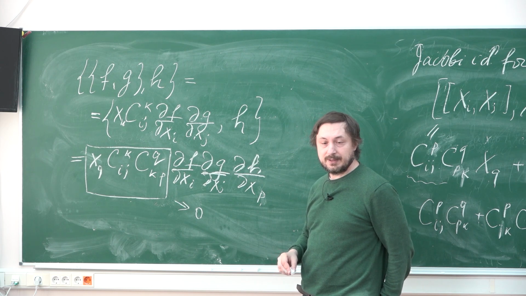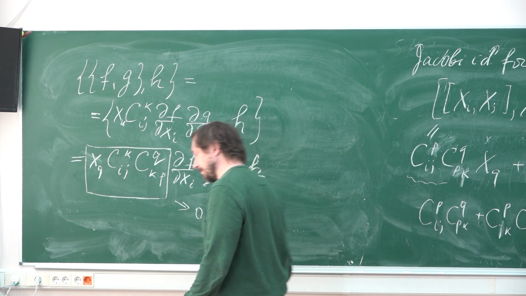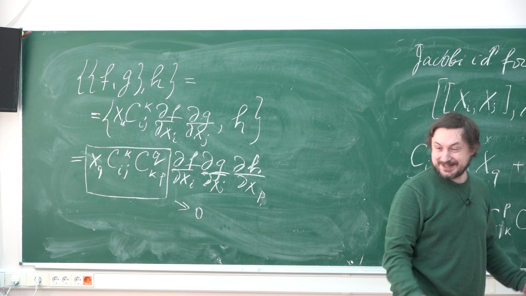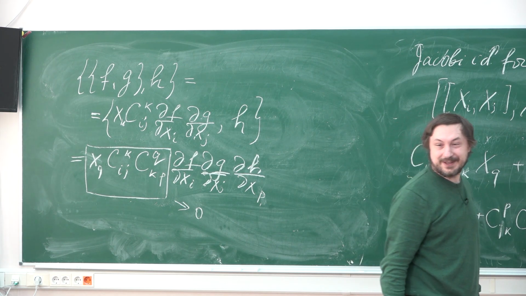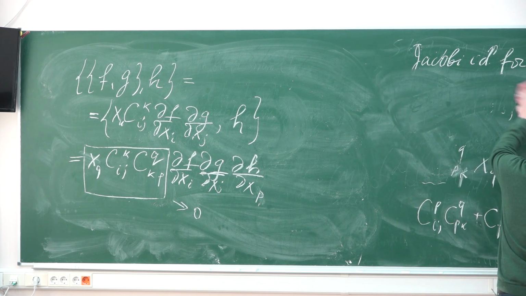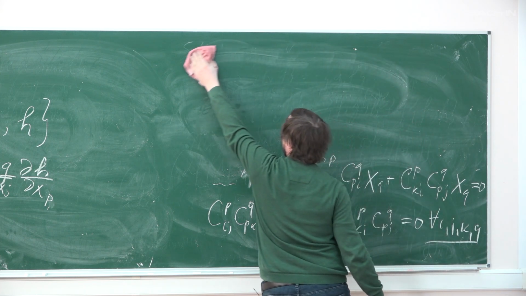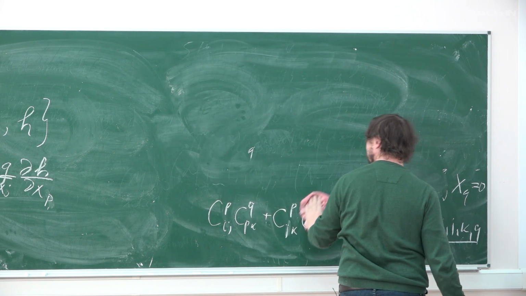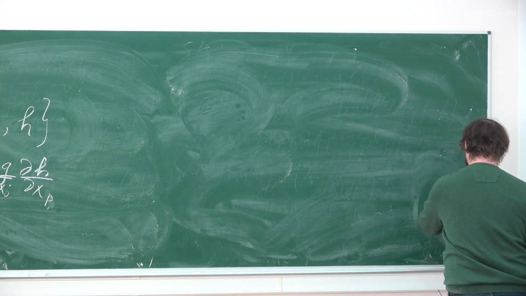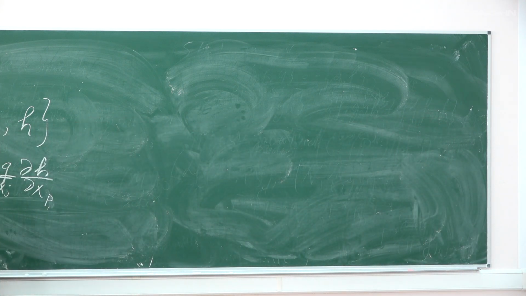For what reason? I'll explain it a little bit later. Actually, I'm going to explain it in 5 minutes. But before that, I need to develop some small theory, some very natural and simple theory. Right, it respects linearity in some sense.